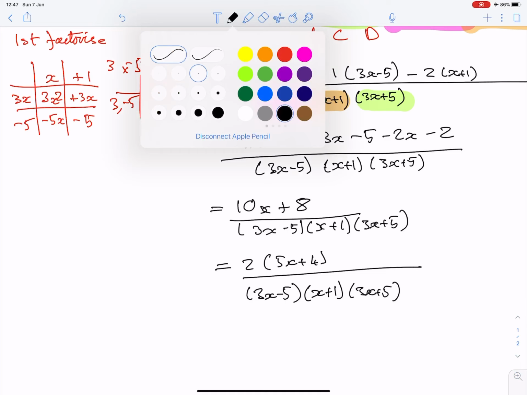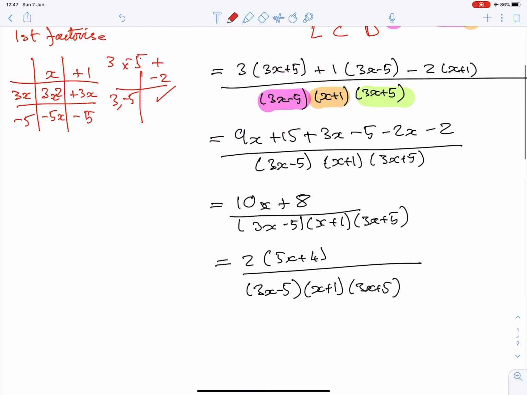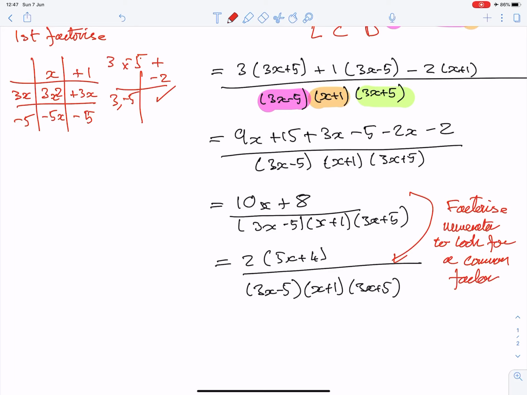Yeah, and all we've been doing there is factorise the numerator to look for a common factor. There isn't on this occasion, so we can't cancel anything in the numerator with the denominator, so that's our final answer.